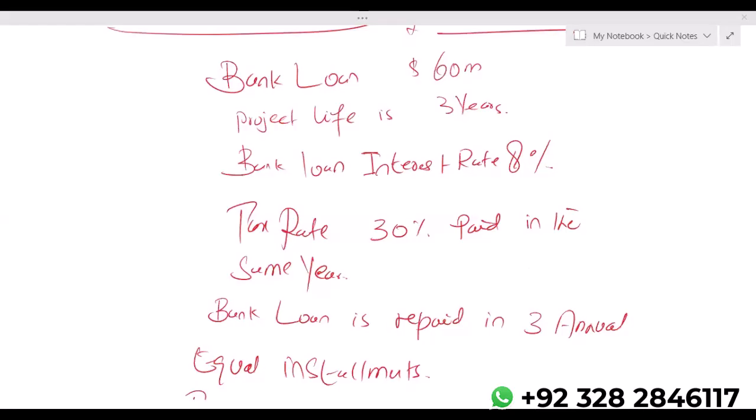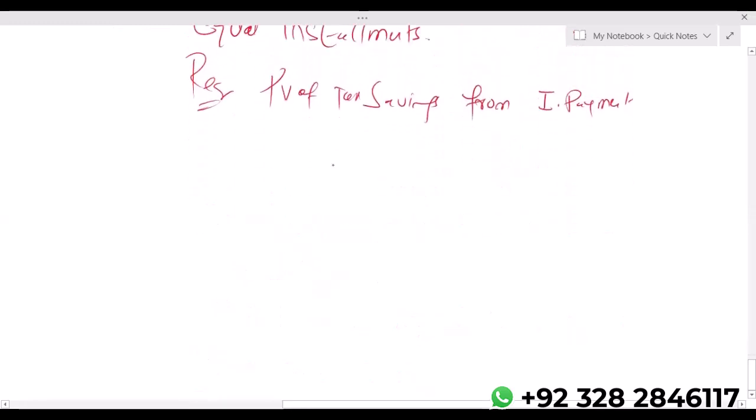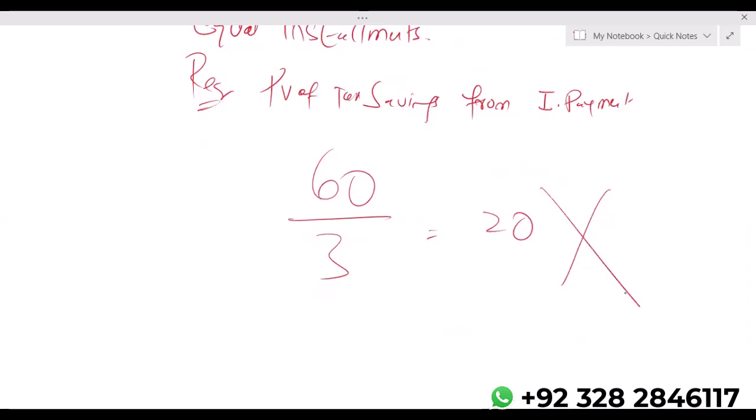Okay, let's try together. Number one, if any one of us did 60 divided by 3, you will get 20. Unacceptable. If you are paying 20 million every year, then where is the interest payment?